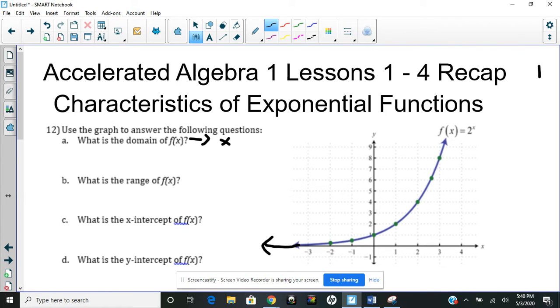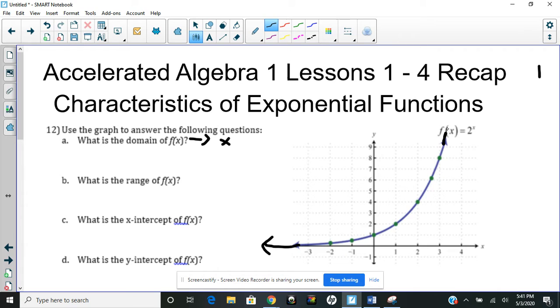So how many x values are there going to be on the negative side for this graph? All of them. It's going to go through -1, -2, -3. It's going to keep going. -100, -400. All of those values are going to be there for x's on this graph.